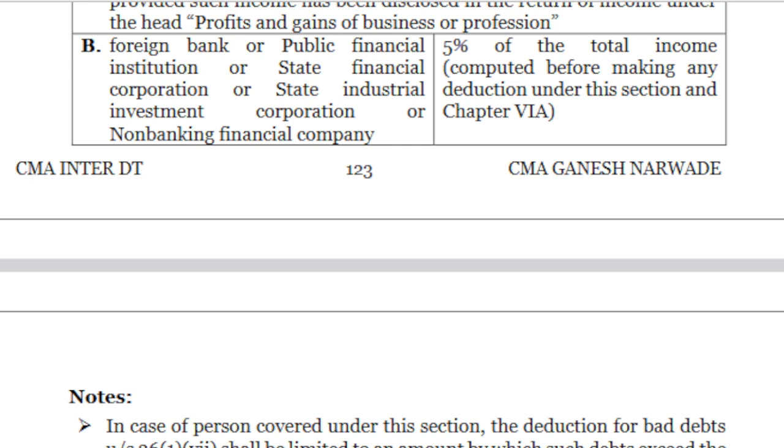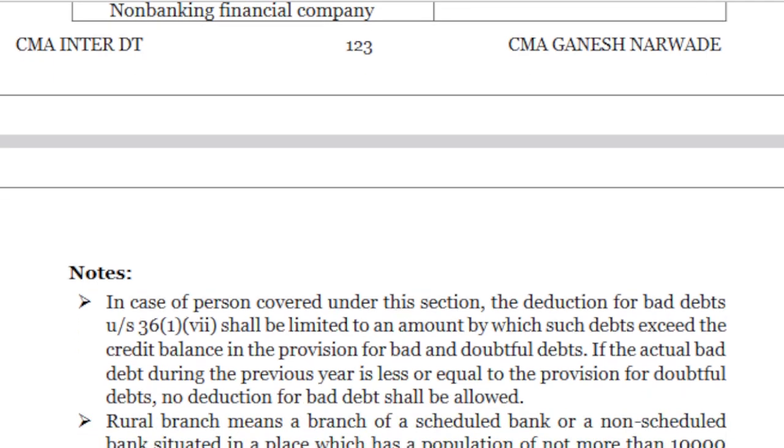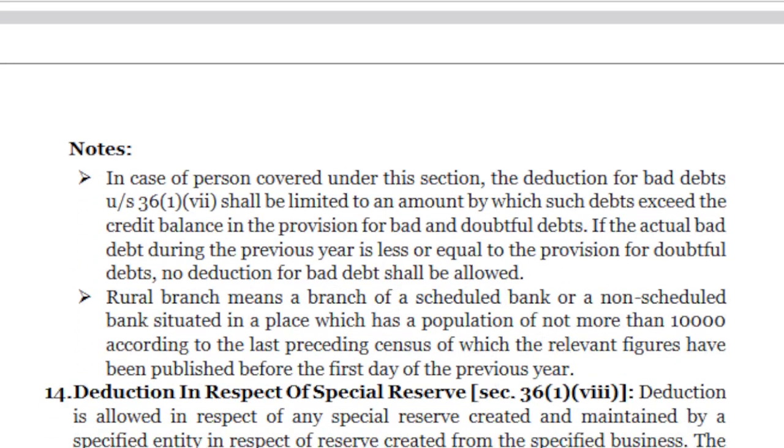If bad debts are more than provision, that additional bad debts which are more than provision, you can claim as bad debts. Because in accounting also, if you create a provision, you first adjust bad debts with provision, right? Only excess bad debts you show in accounts. Same thing here. Okay, very good.